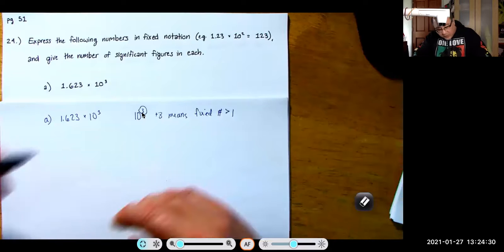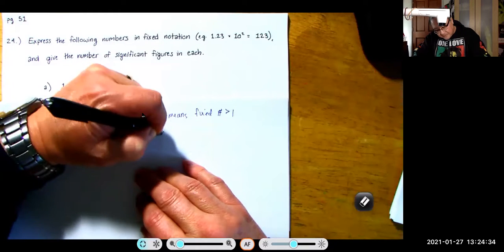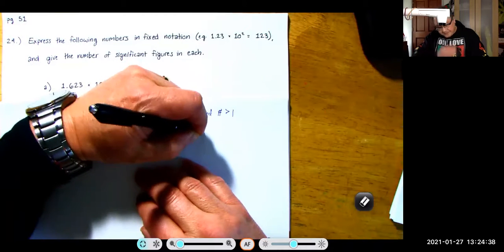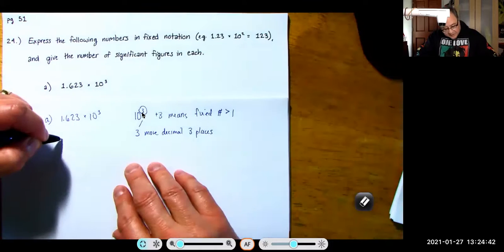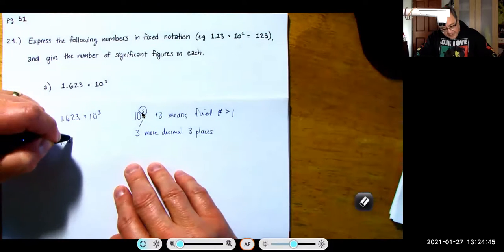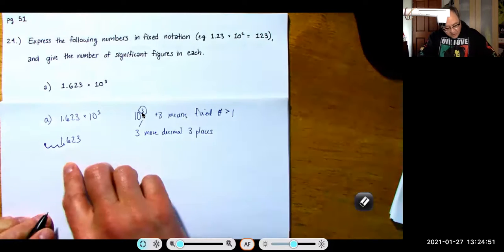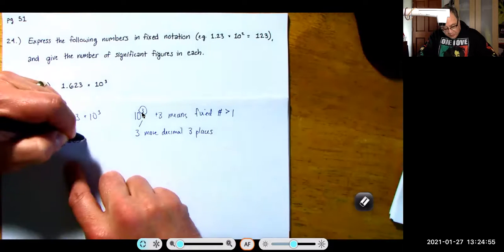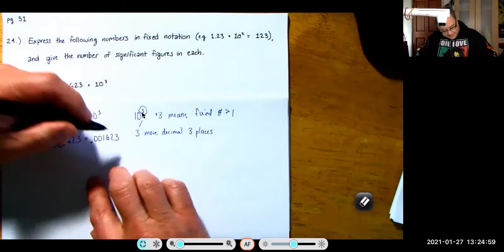And the 3 also means move the decimal 3 places. So I'm going to take this decimal here, and if I move it 3 places this way, 1, 2, 3, and leave it right there, we would put zeros here and here, and we would get 0.001623.